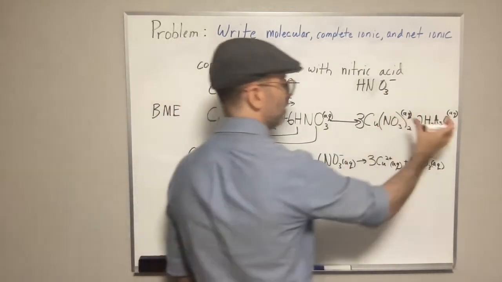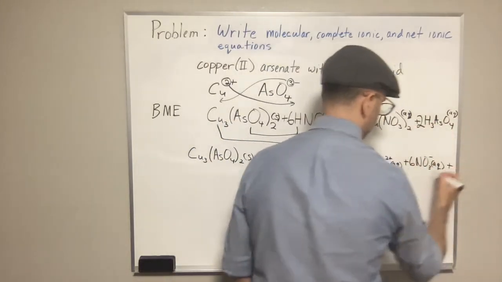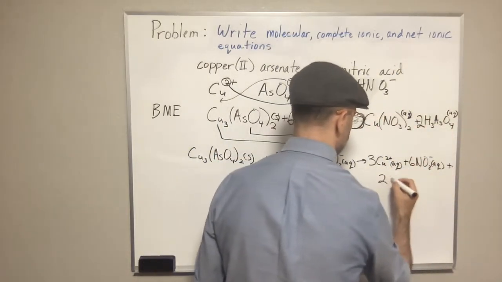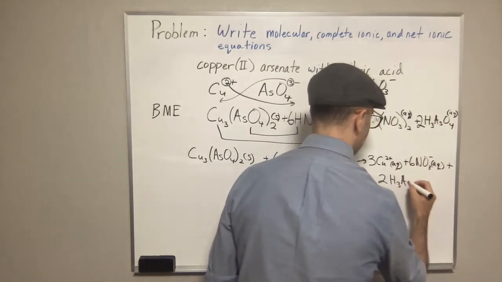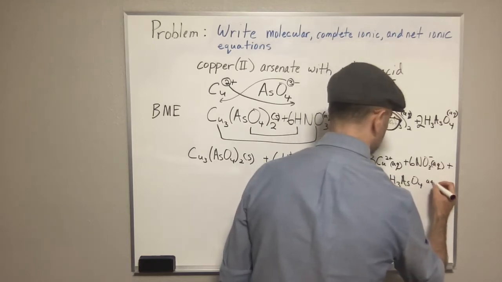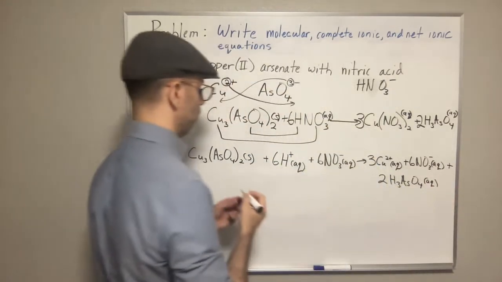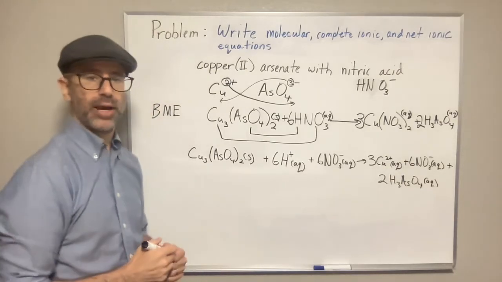And then this would be a weak acid. That's going to stay together. So we're not going to break that apart. So that's going to be 2H3AsO4 aqueous.